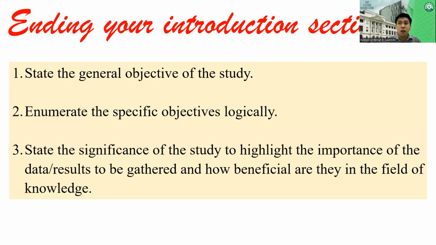You may start with the development, and then validation, and then after is implementation. So there must be a logical sequence of stating your objectives. The objective itself reflect the flow of your study, the way how you will answer or address the given objectives.